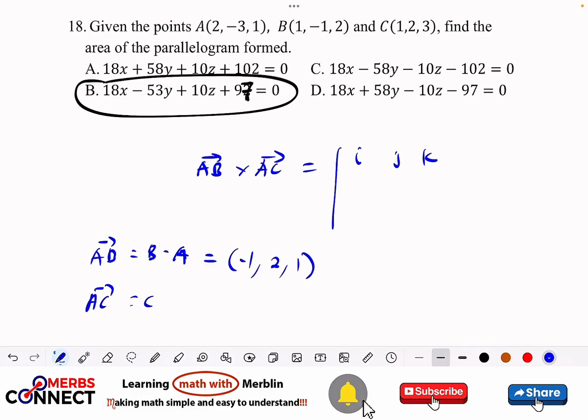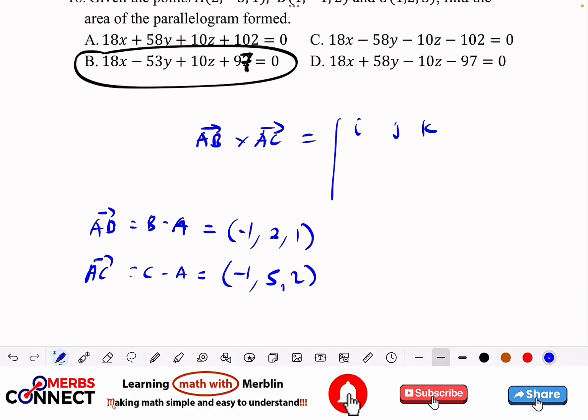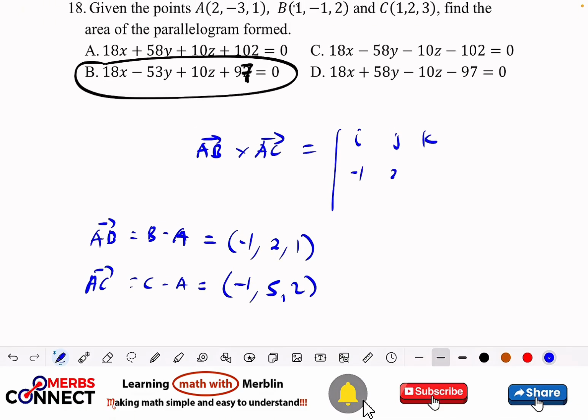AC is the same as C minus A. So C, 1 minus this is going to be minus 1. 2 minus 3 is going to be 5. 2 minus minus 3 is going to be 5. And then 3 minus this one is going to be 2. So minus 1, 2, 1, minus 1, 5, and 2. So let's plug them in. This will be minus 1, 2, 1, minus 1, 5, and 2.